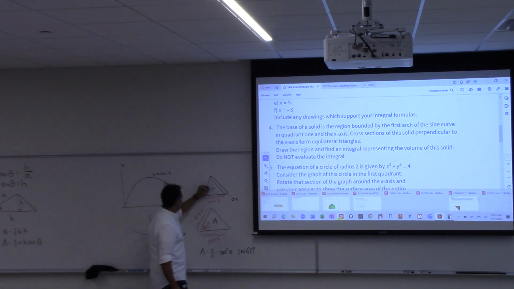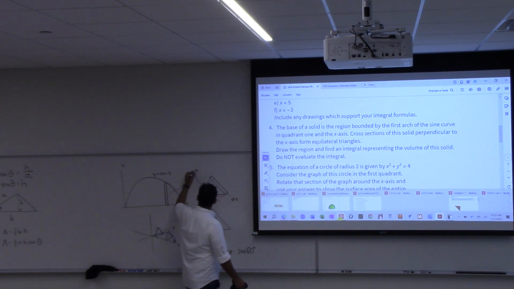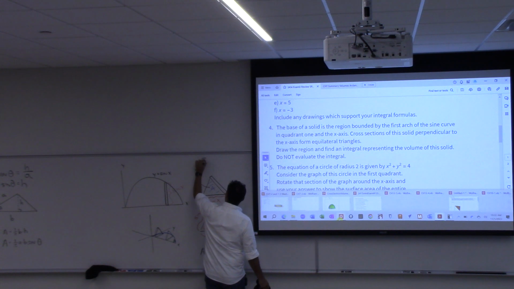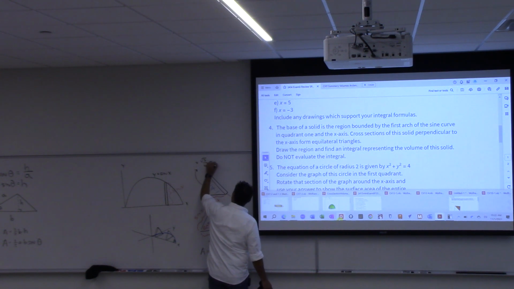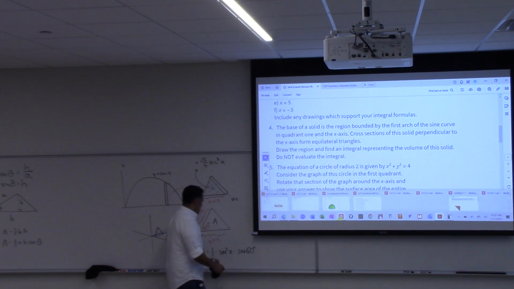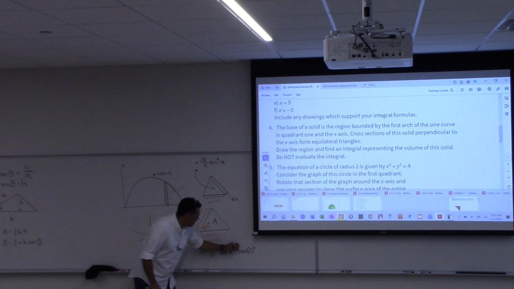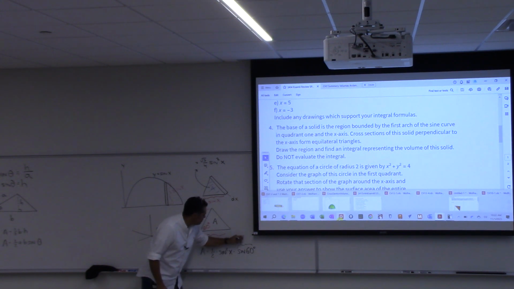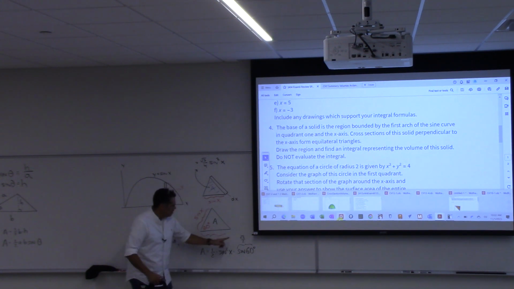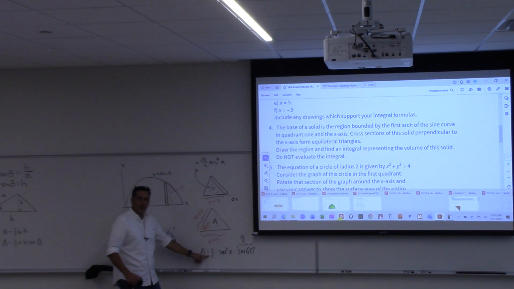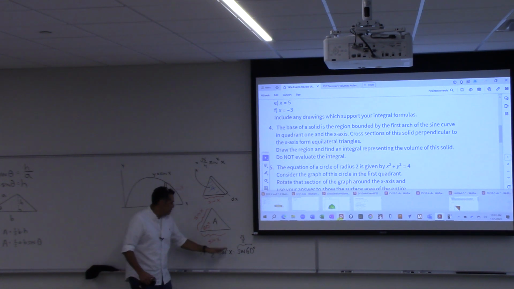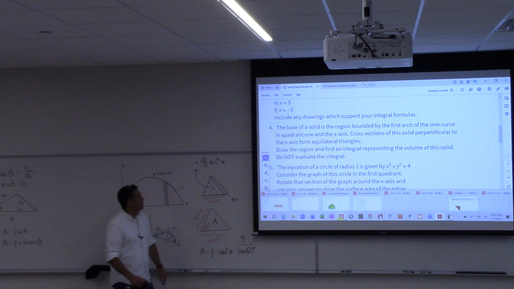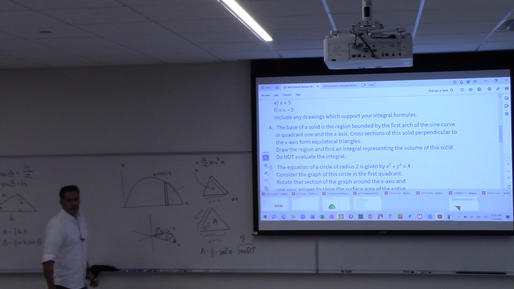So this area is going to be root 3 over 4 times sine squared x. So I'm using the fact that this right here is root 3 over 2, just from pre-cal, right? Root 3 over 2 times 1/2 gives you root 3 over 4, and then sine squared x. That's it right there. That's the area of that front face.